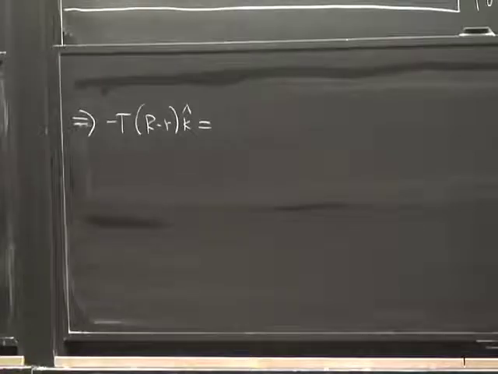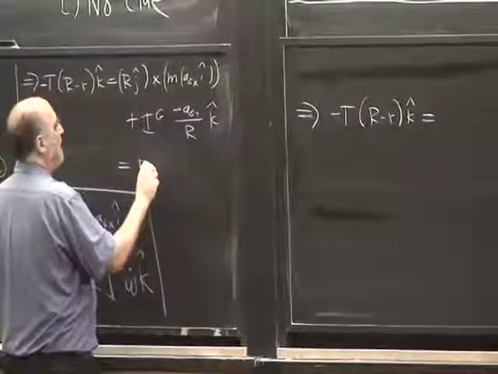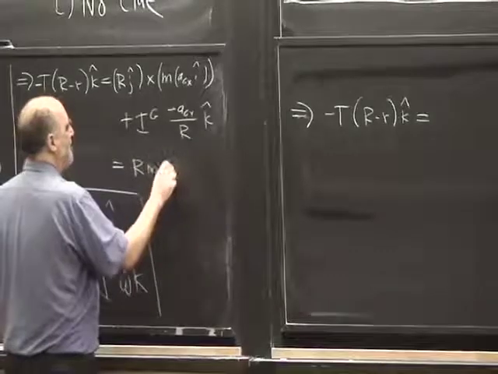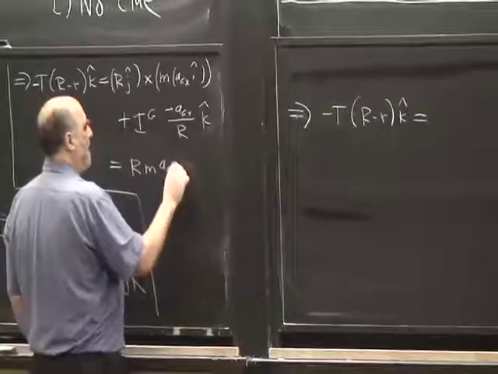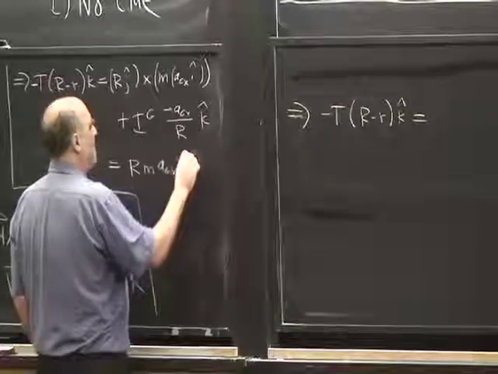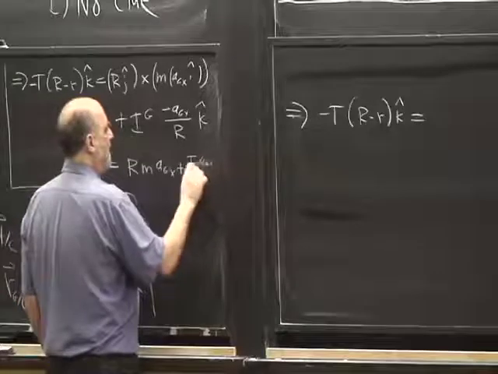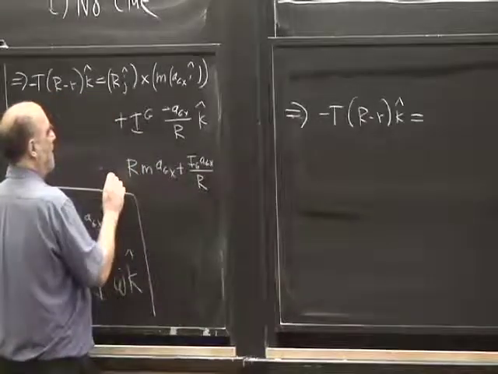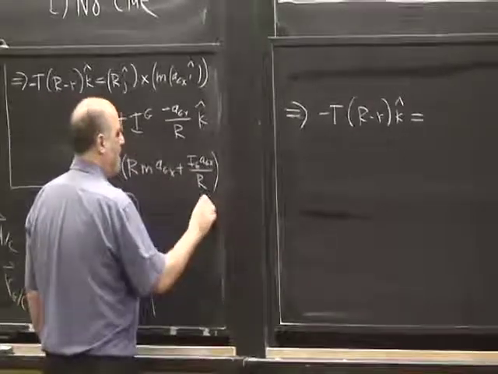We have R m agx, and we also have a plus Ig agx all over r, and this is all in the negative k direction.